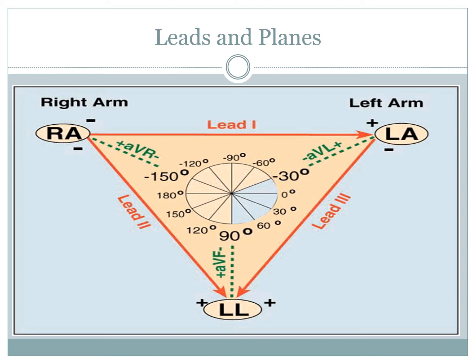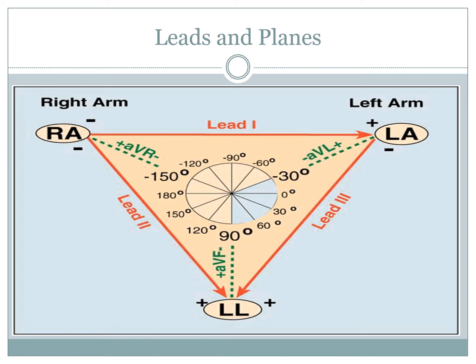Now the frontal plane is a way of changing a 3-dimensional object, which is your heart, and looking at it in a 2-dimensional view. So your frontal, which is your anterior chest wall. So imagine that you're looking at the frontal plane as just looking at the person's chest wall. And when we look at a horizontal plane, the precordial leads, we're looking at like a cross section of the chest wall.